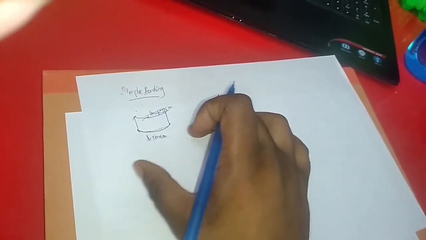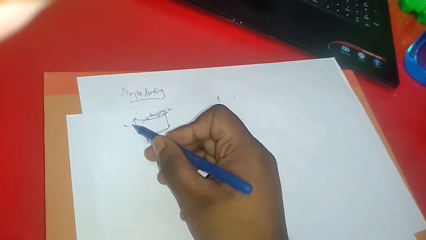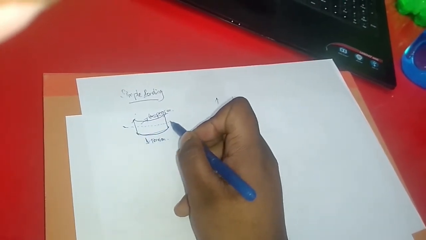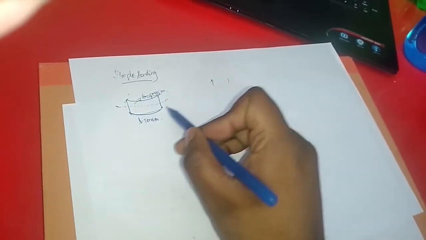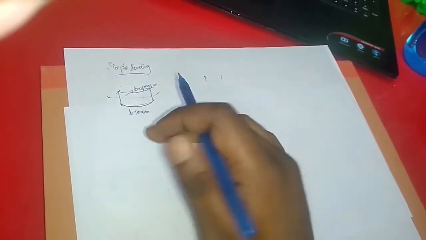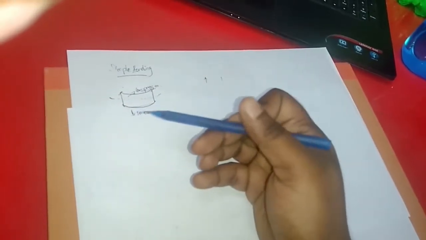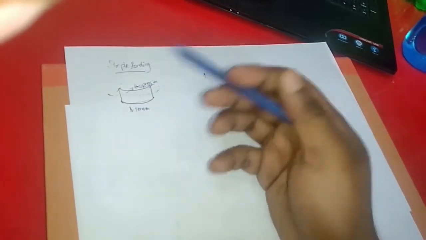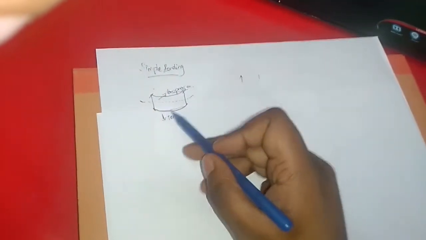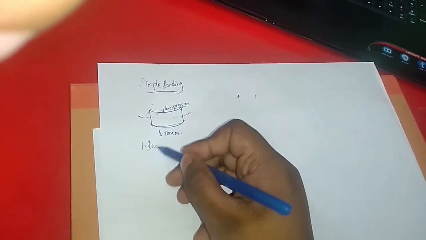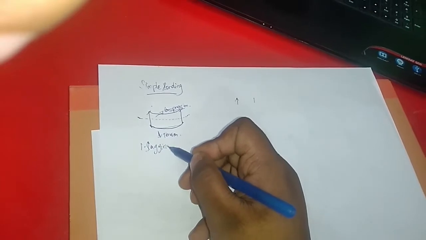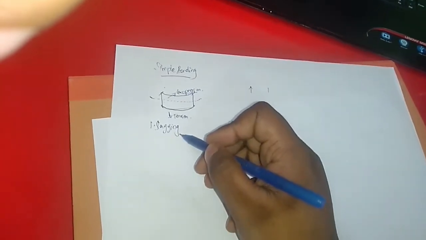But the neutral axis, which is neither in compression nor in tension, remains the same. So sagging bending moment is one type of simple bending.